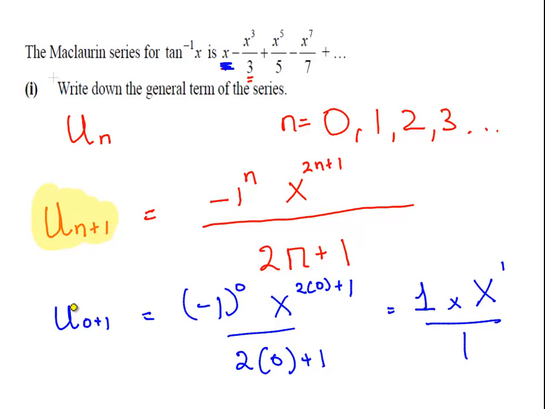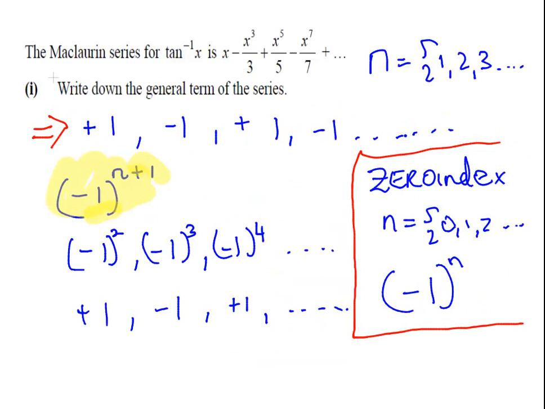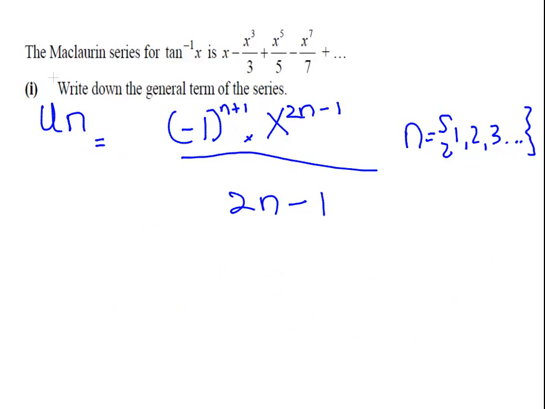It is handy to know in general how to work with zero indexing, but for things like the Maclaurin series, it's best to go with one indexing, because it makes life so much easier when working on other questions. So, one indexing, there you go.